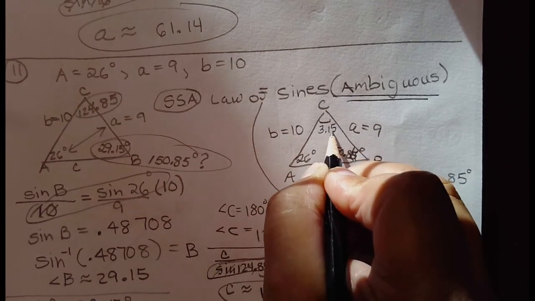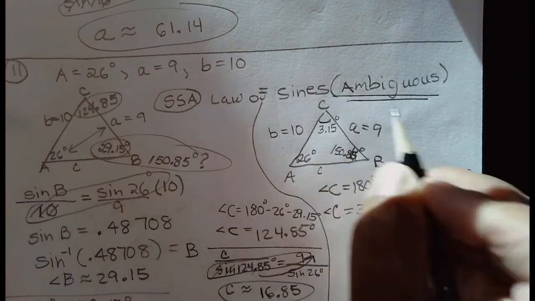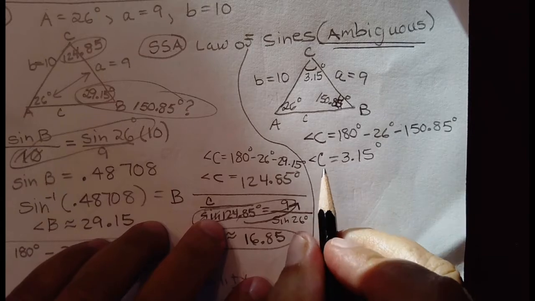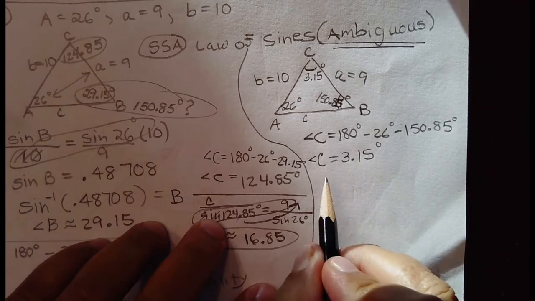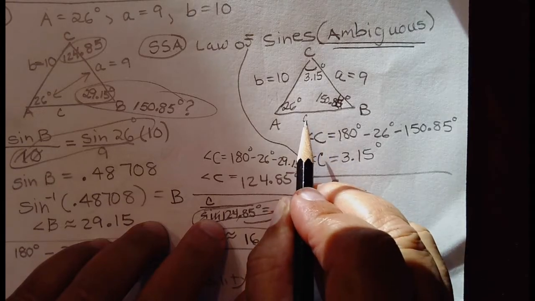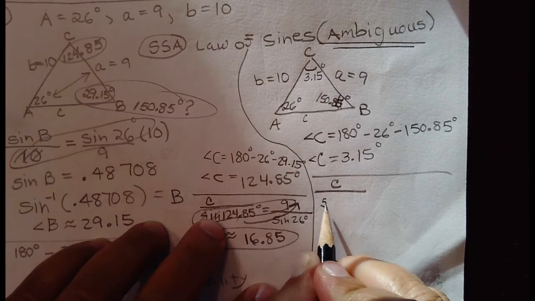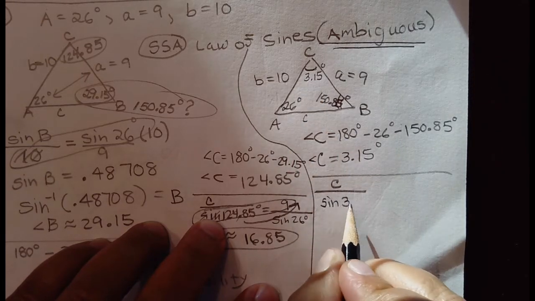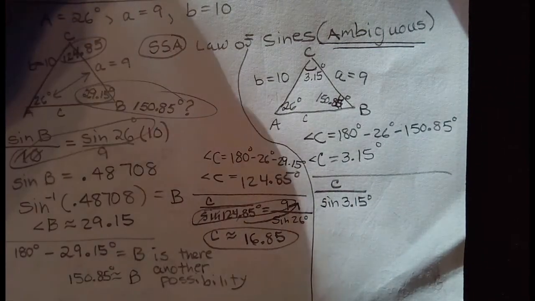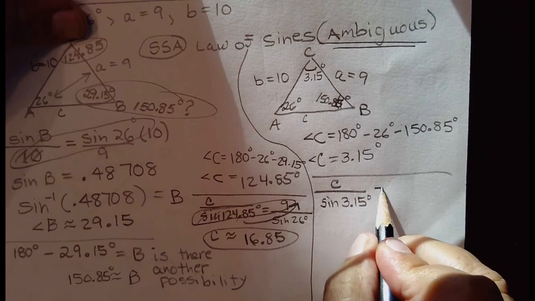So I'll go sine of 3.15 degrees. And then I'll set it equal to one other fraction. The other fraction I'm going to use is the A pair. So sine of a 26 degree angle across from 9. And then you're going to just swing this right up here.